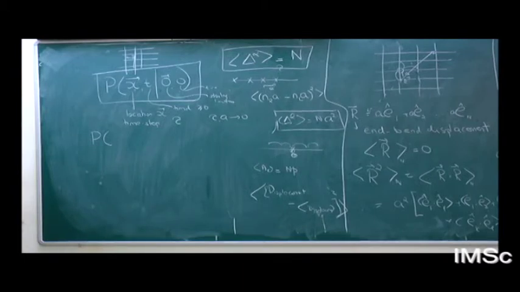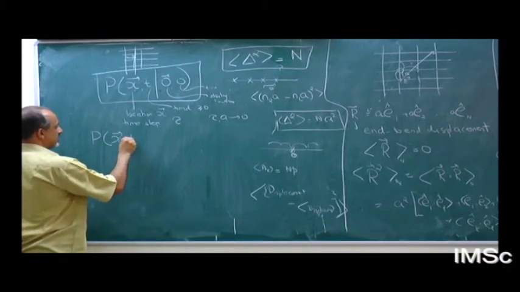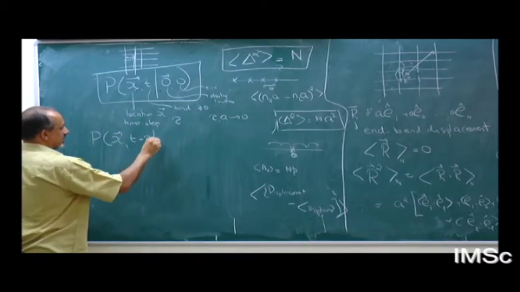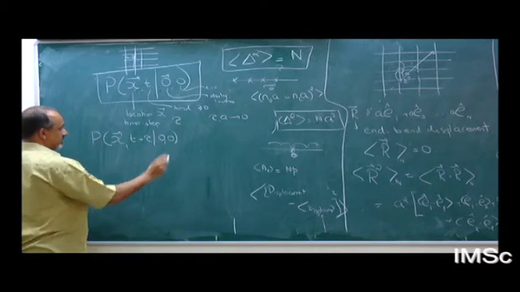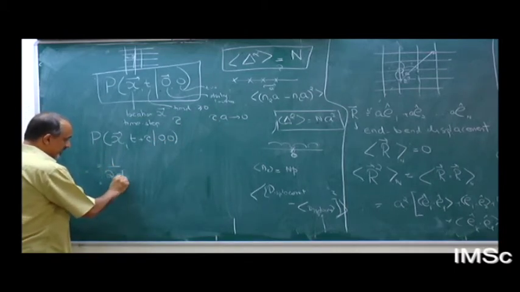So the probability of being at location x at time t plus tau, given that I started at location 0 at time t equal to 0, is this particular expression; I will write it down and then explain it.